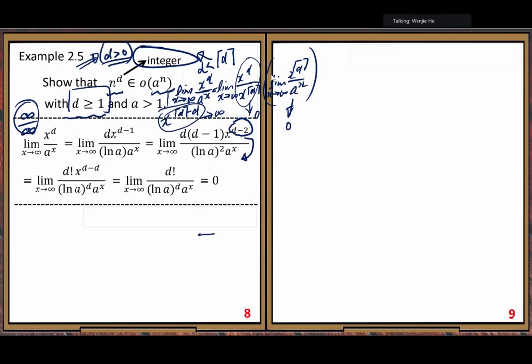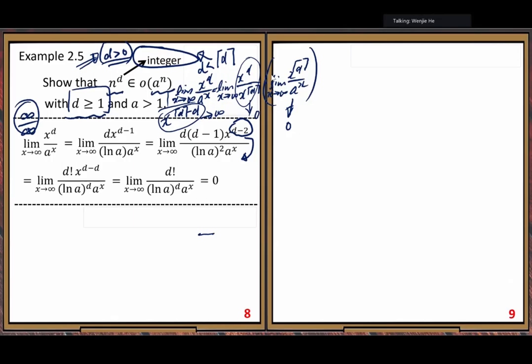So here you can see when we go to the general case, we can use the integer case to help us get what we want. I want to use this example to show you that this is a method commonly used in problem solving. Why do we always start from the simplest cases?